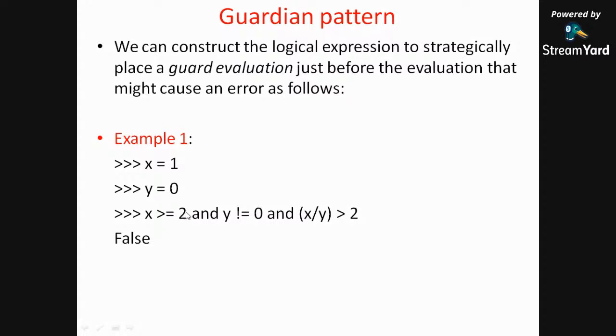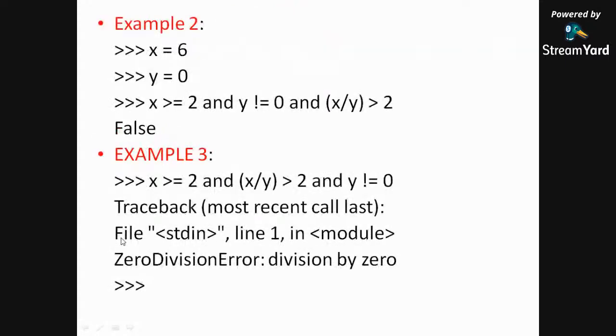So in the first case it is false, and the rest of the expression is not evaluated; it directly displays false. Now when we used x is equal to 6 and y is equal to 0, we got a division by 0 error here.